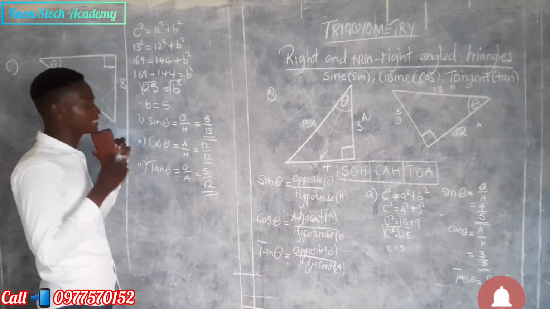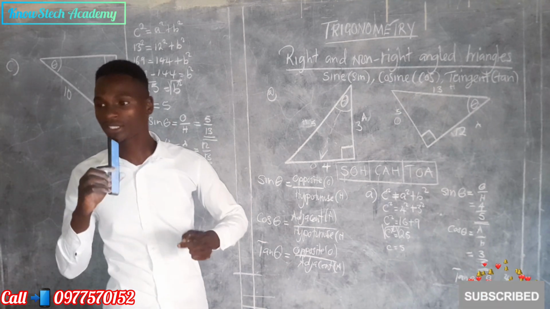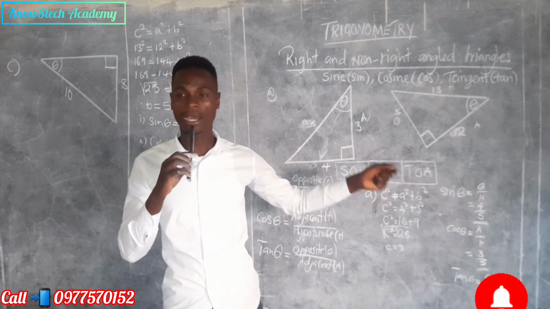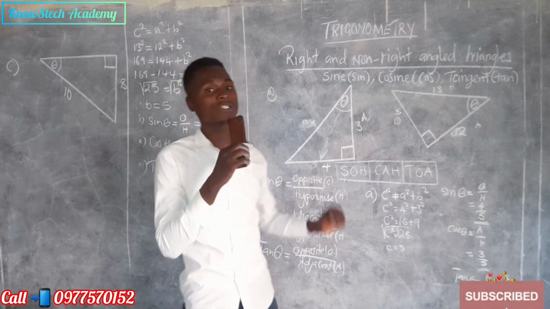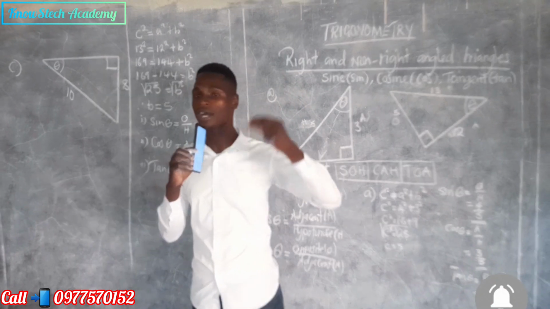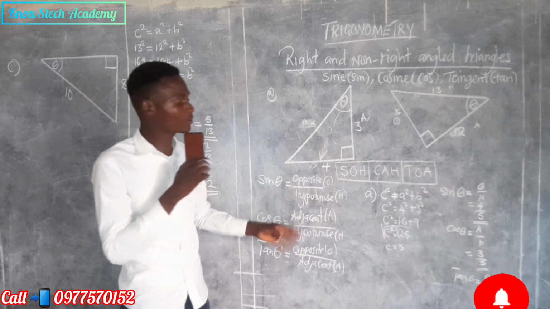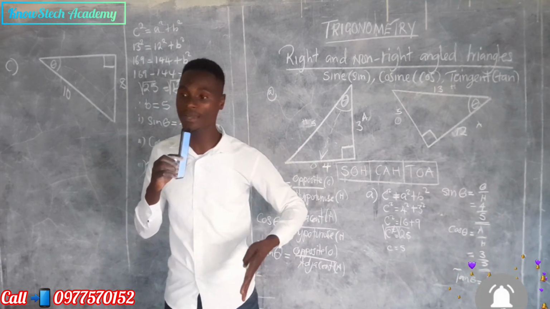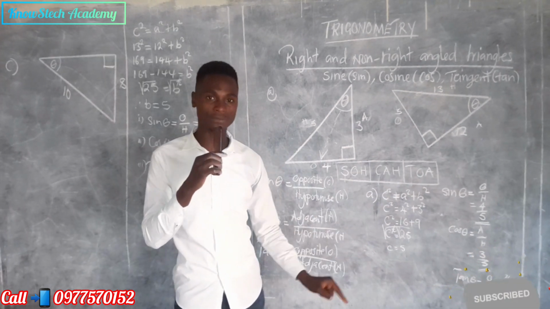Now, we've looked at the introduction to trigonometry, and this is very important. Without this knowledge, it will be very challenging to solve advanced questions. So remember, we've looked at how to write trigonometric ratios.